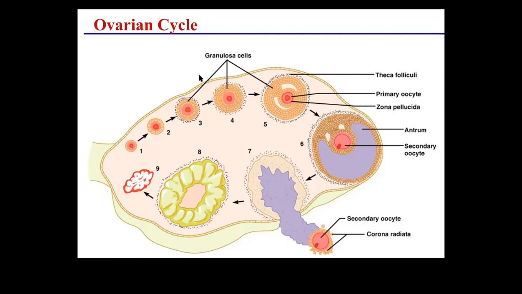Now this is the secondary follicle. Clear, all of you? How did the change happen? Primordial follicle, primary follicle, then it goes to secondary follicle. The secondary follicle undergoes enlargement and gives rise to the next stage.